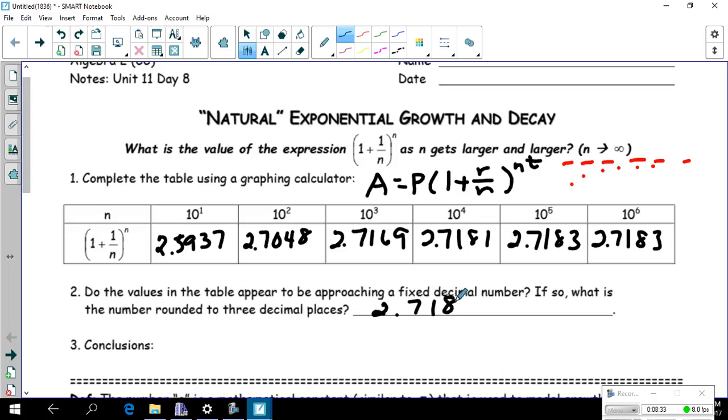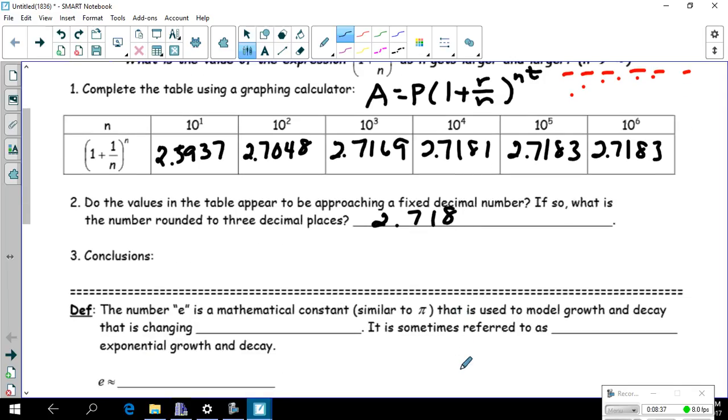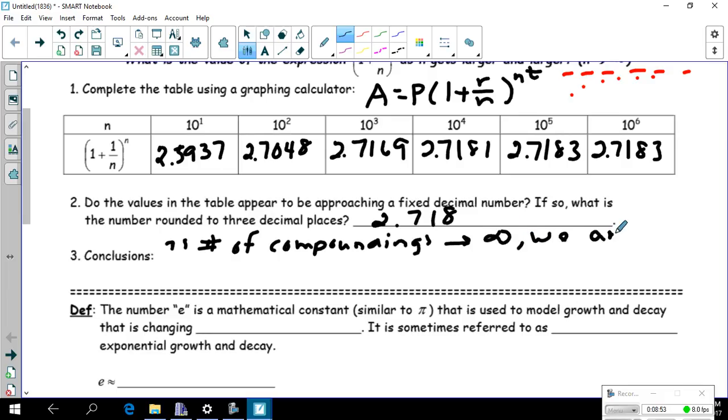And the conclusion that I want you to draw from that is, as the number of compoundings approaches infinity, we are approaching a fixed constant.